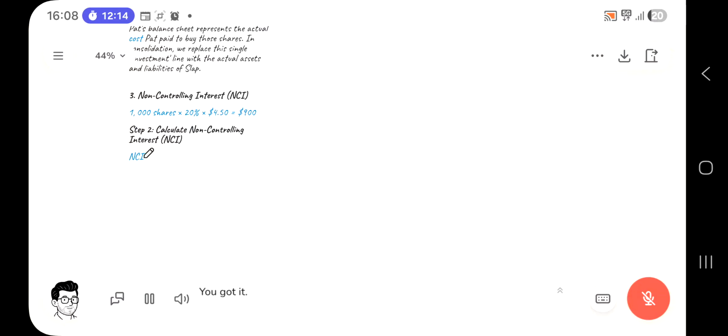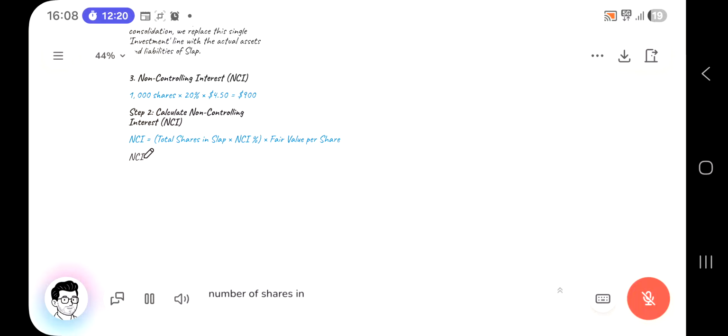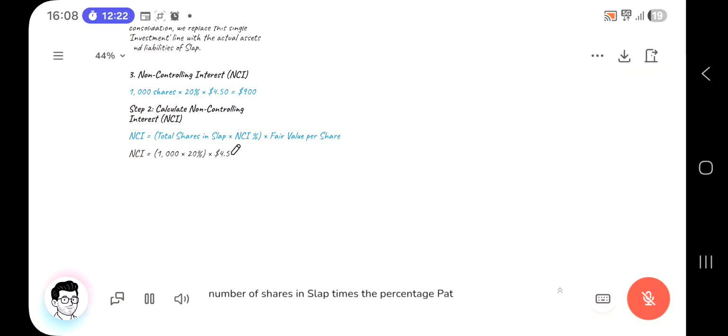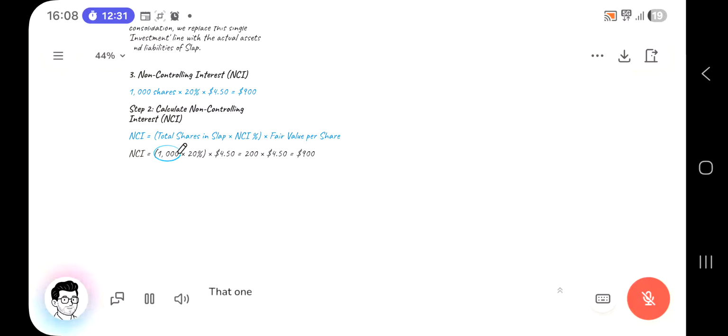You got it. No skipping steps here. For the NCI, the equation is the total number of shares in Slap times the percentage Pat doesn't own, all multiplied by the market price per share at the date of acquisition. That 1,000 comes straight from Slap's share capital in your notes.